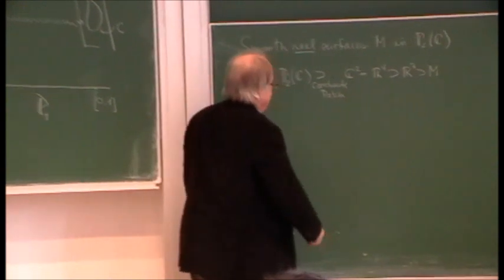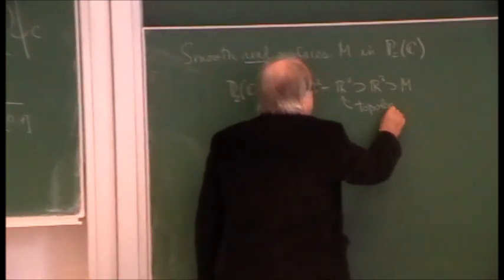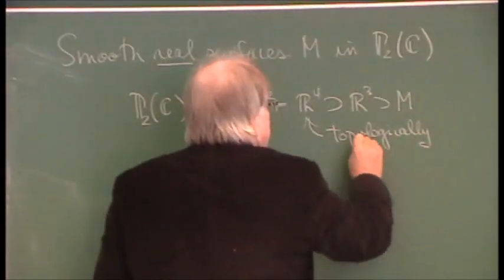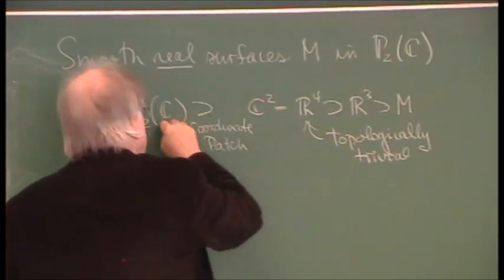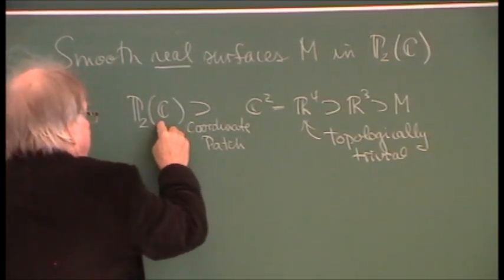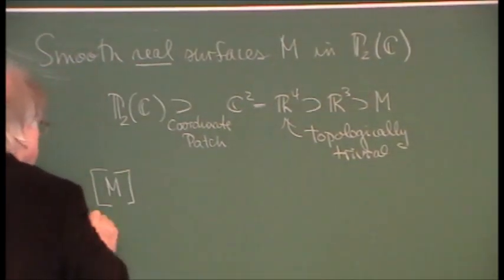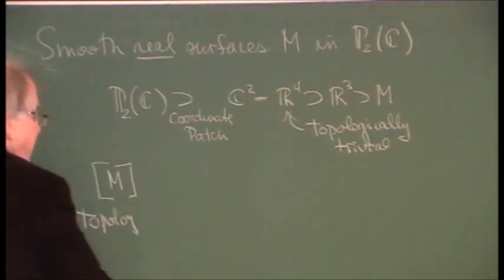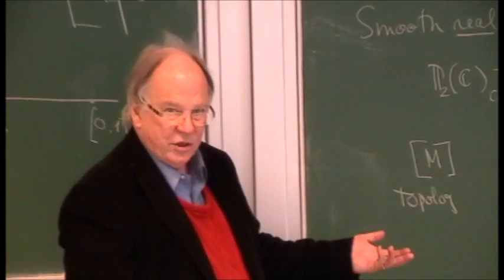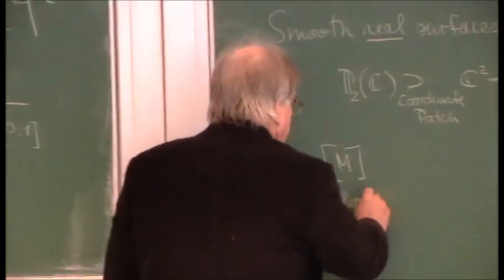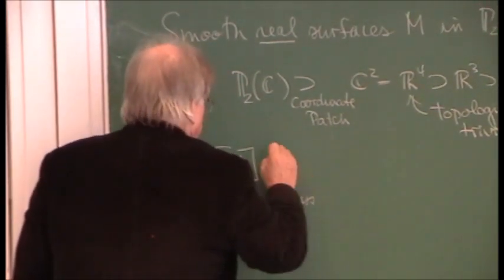The point is that since this R4 is topologically just a cell, so it's topologically trivial, this thing is topologically trivial in R4, and therefore it's topologically trivial in P2C. So in every sense of the word, whatever you think topology means, for example the de Rham cohomology class represented by a differential form, or the homology class, this topological class is 0.